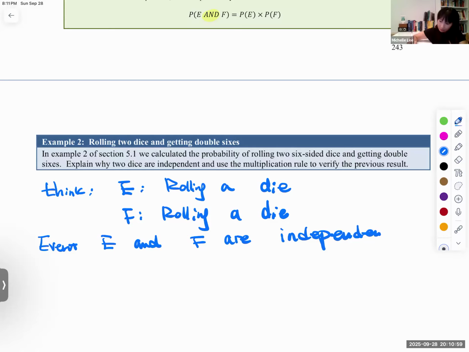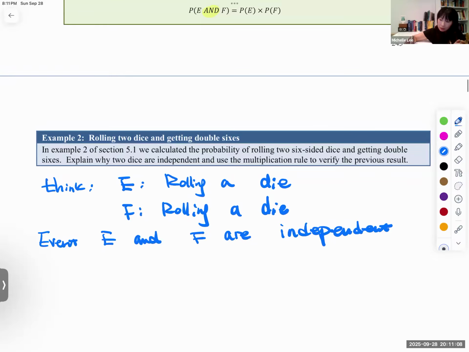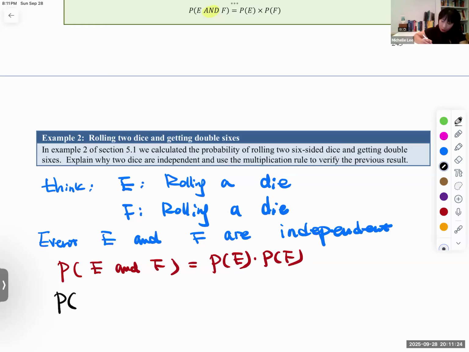All right. Then we can use the formula. We had the formula, probability of event E and F, then probability of event E times the probability of event F. So in that case, what's the probability of getting 6 and 6?